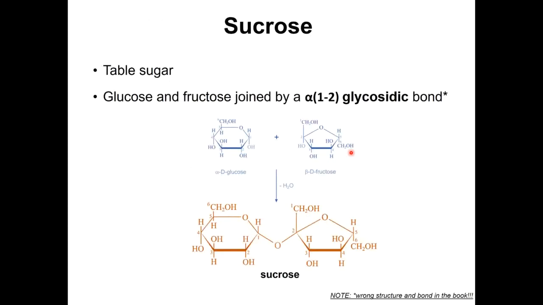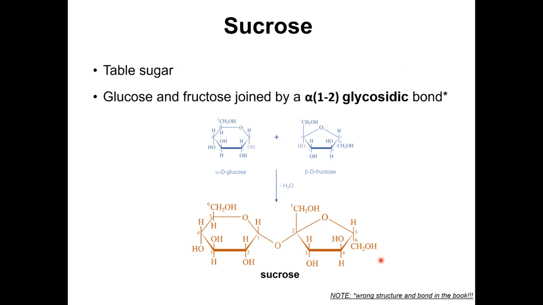Okay, let's go through the 3 disaccharides I want you to remember here. The first one is sucrose. Sucrose is a disaccharide formed by alpha glucose joined to beta fructose. Now, this is formed through a dehydration reaction between the carbon 1 of the alpha glucose and the carbon 2 of the fructose. Notice that your book has the wrong structure and bond.